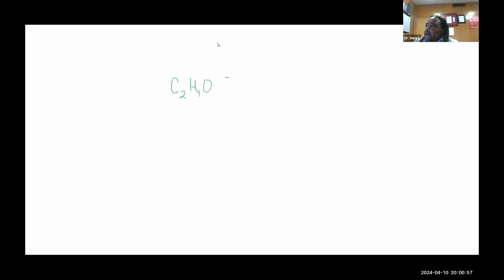Okay, so this is acetate. Or I'm sorry, acetic acid. So let's go ahead and draw the Lewis structure of this. Now, in this case, you could have both carbons as their center atom.